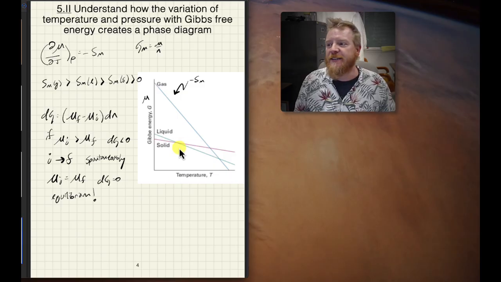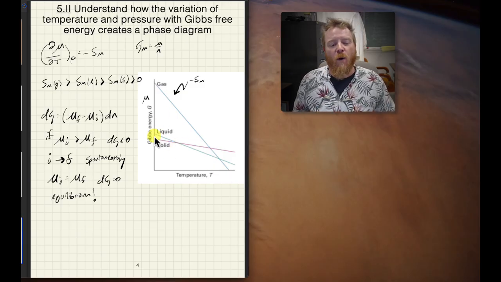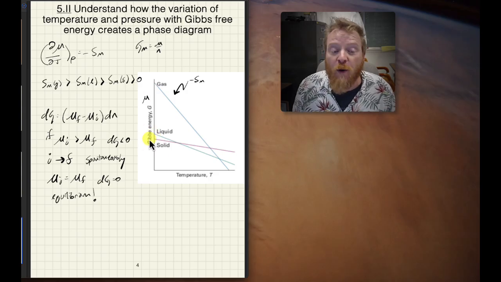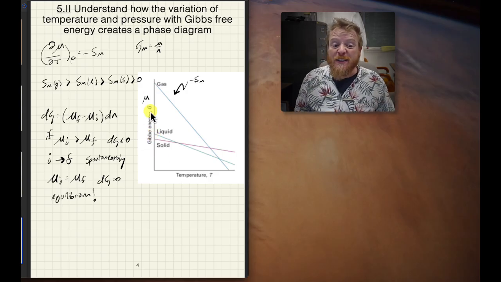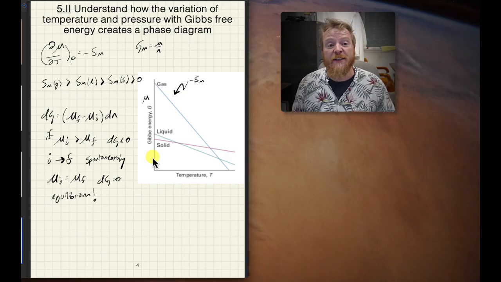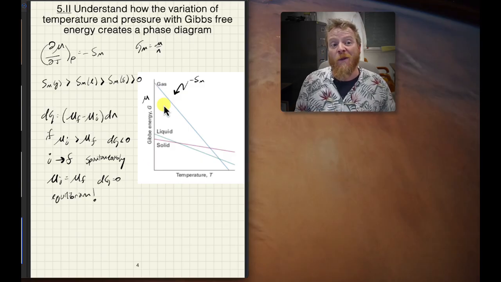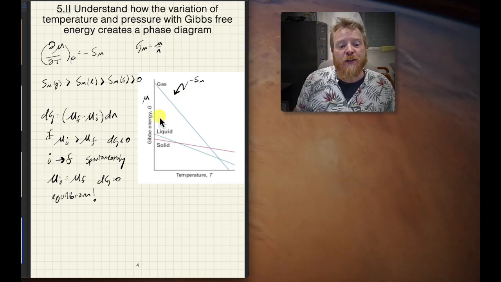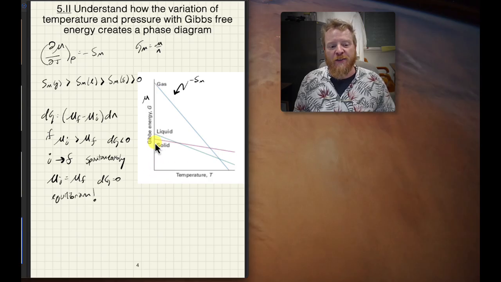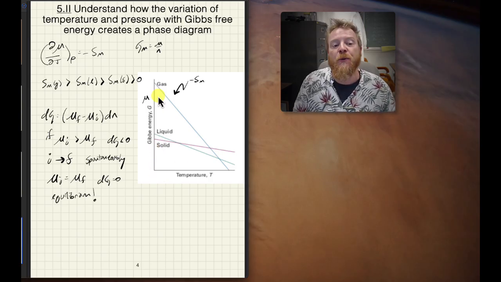So now if we take a look at this here, what we should start accepting now with chemical potential is that the lowest chemical potential at a given temperature is going to be the one that is observed in nature. So if I start all the way here at the lowest temperature that I can get to, my lowest chemical potential is a solid.